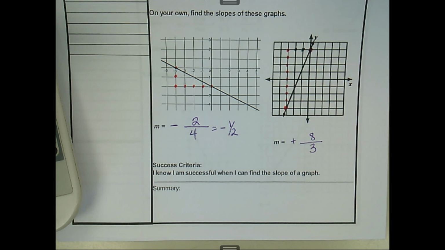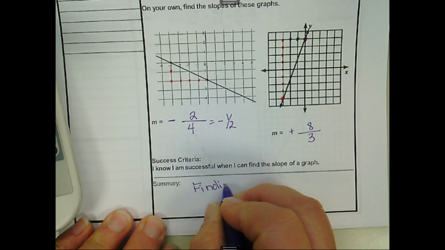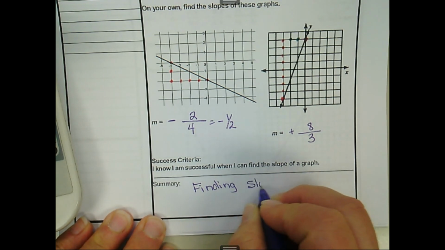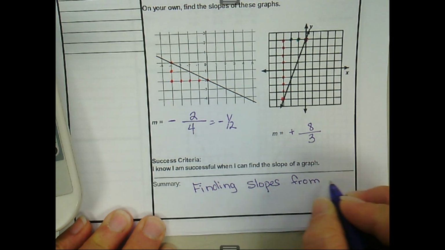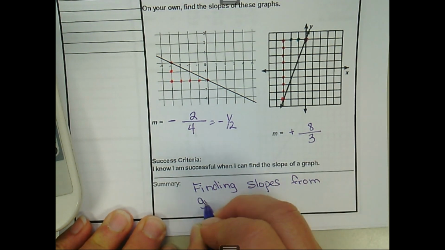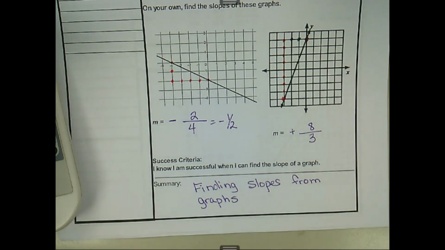So now it's time to practice. Success criteria: I know I'm successful when I can find the slope of a graph. So finding slope from graphs is our summary. Okay, rise over run.